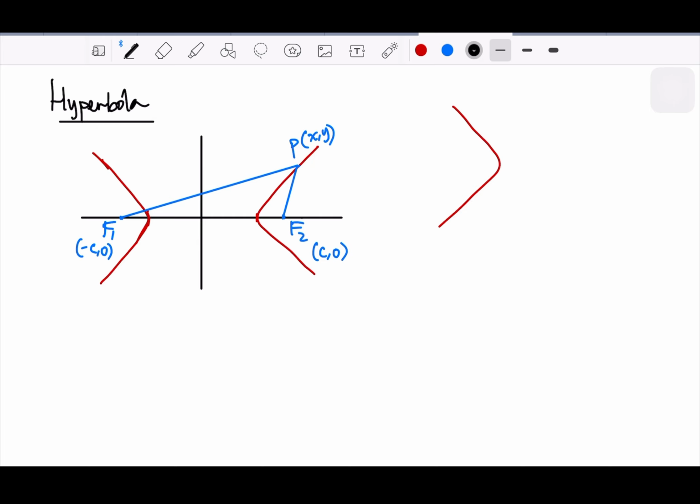Okay, so instead of sum, we will subtract.